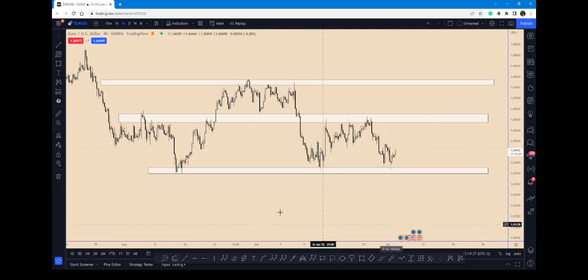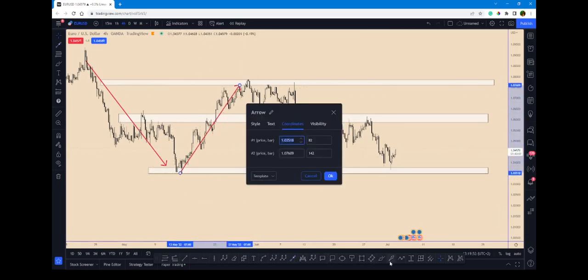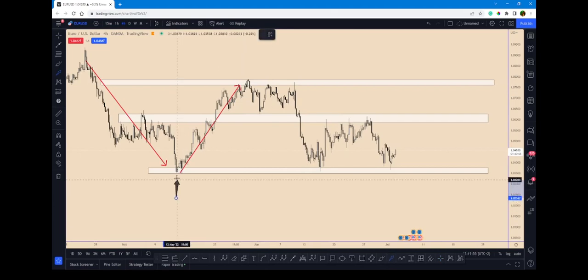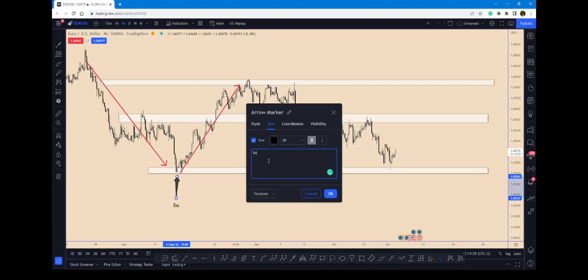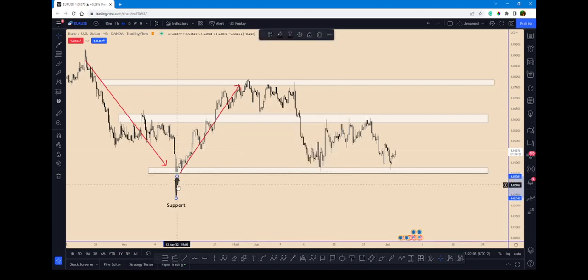What we can observe here is that when the price came from the top, price created the first lower low, and after that it moved higher. At this moment of time, we can define the first support area. So this was the beginning of our structure.